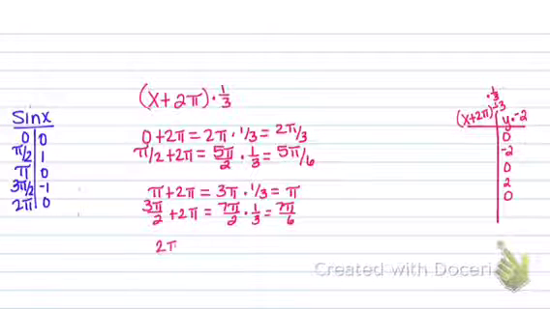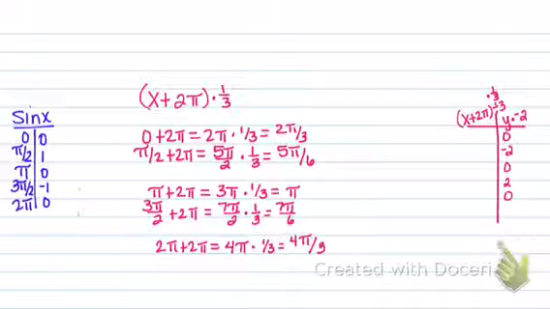And then 2 pi plus 2 pi times 1/3. Good. All right, so there are our x's: 2 pi over 3, 5 pi over 6, pi, 7 pi over 6, and 4 pi over 3.